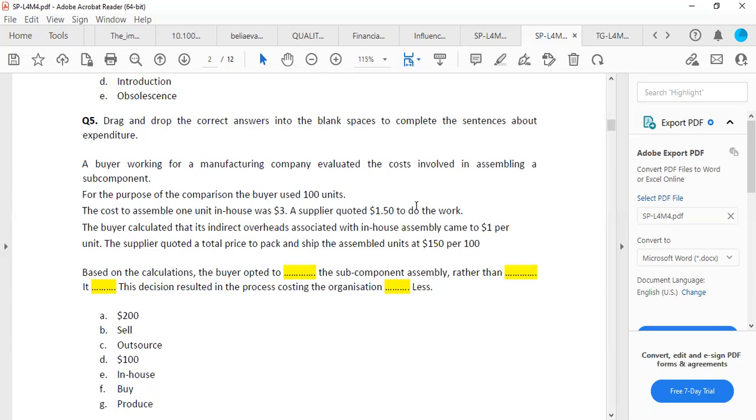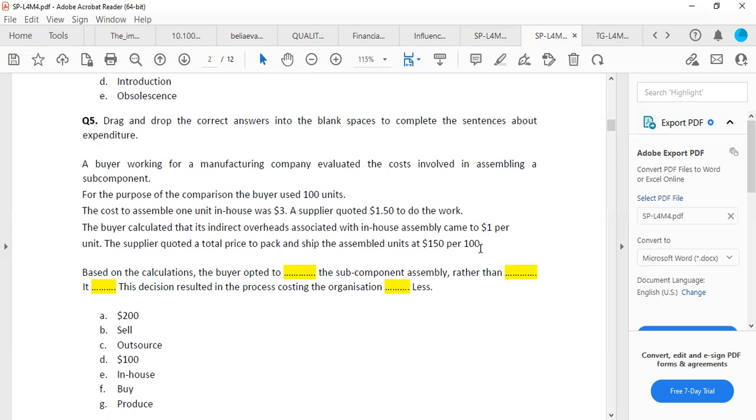A supplier quoted $1.5 to do the work. Isn't it cheaper than doing it in-house? Because if the supplier quoted $1.5 and it will cost us higher to do it in-house, then his price is better. The buyer calculated that its indirect overhead associated with in-house assembly came to $1 per unit.